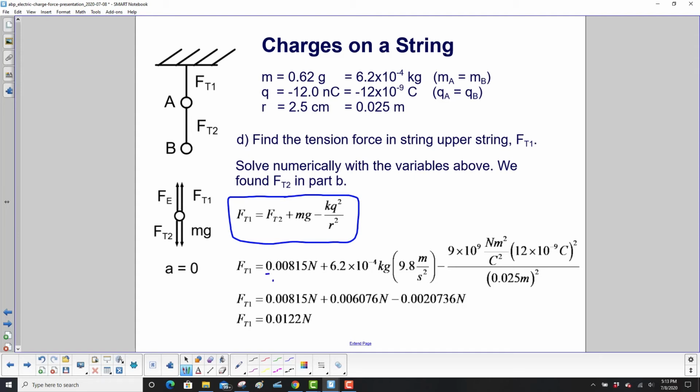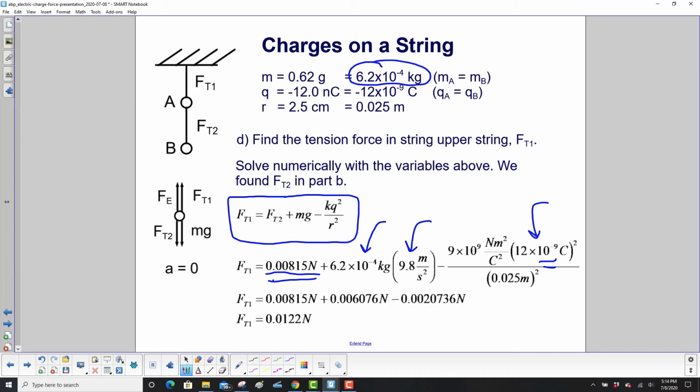So we have T2. Where did we get that? We got that from the earlier problem, okay? That was not a given. We calculated that. Here's the mass of the sphere, g. Here's the charge, and since it was given in nanocoulombs, you multiply it by what? 10 to the minus 9. And then your mass was 0.62 grams, which we converted to 6.2 times 10 to the minus 4 kilograms.